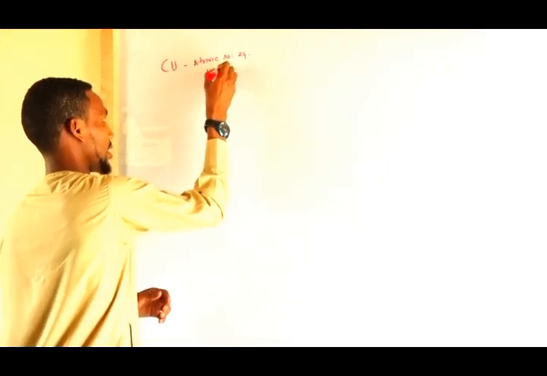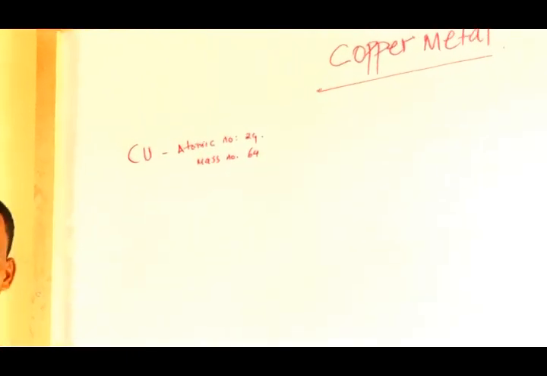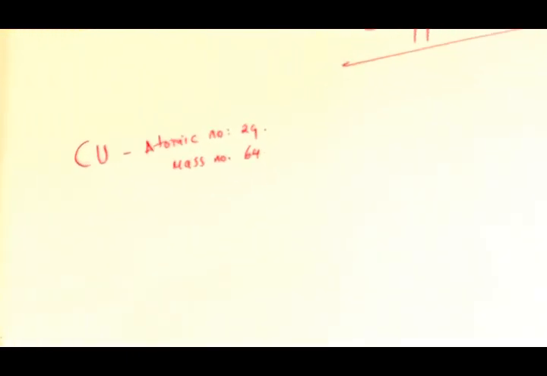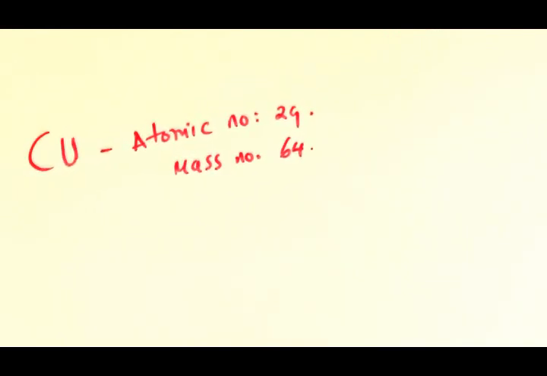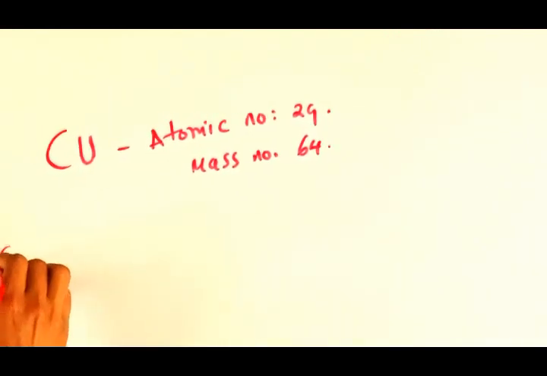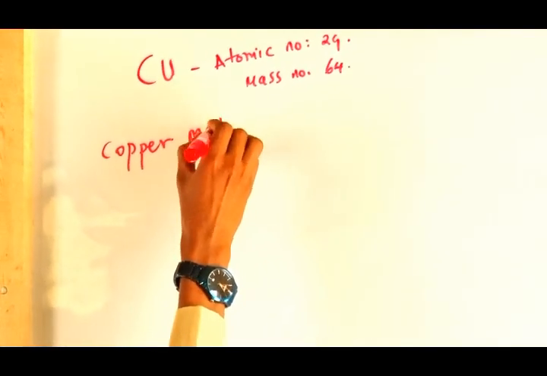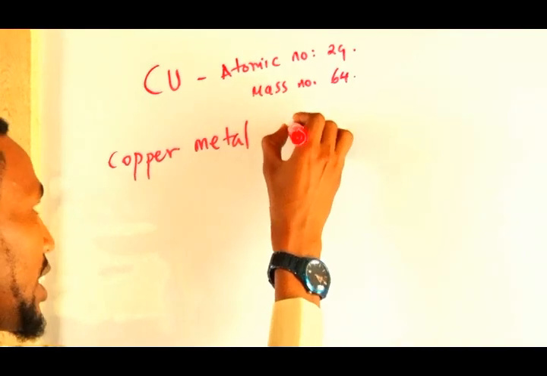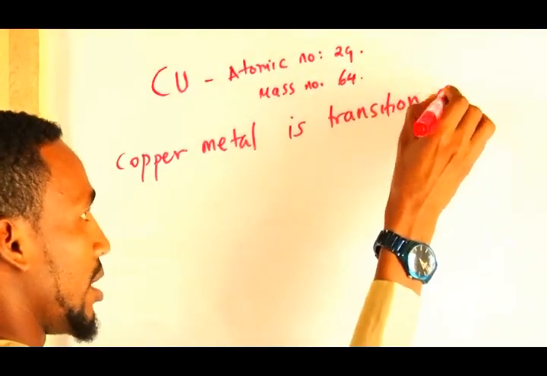Mass number 63.5, which is always rounded off to 64. So copper metal is a transition element.